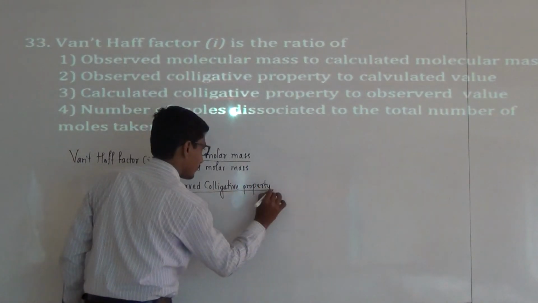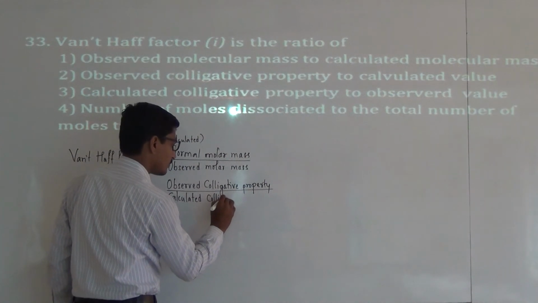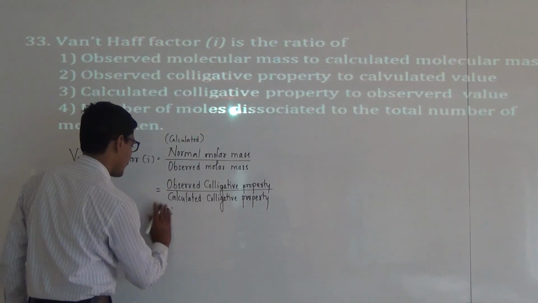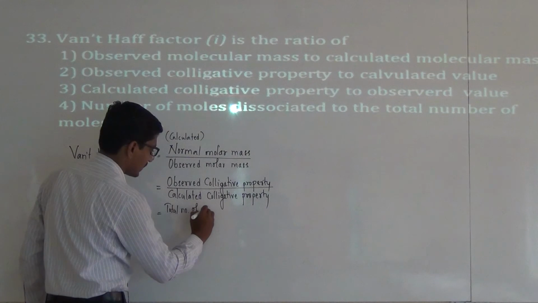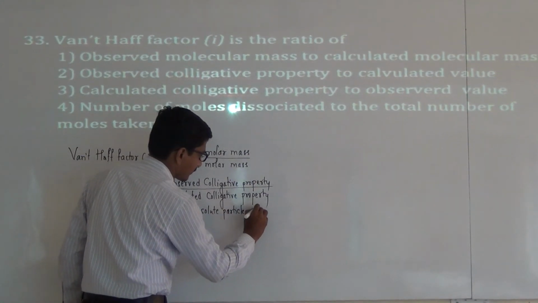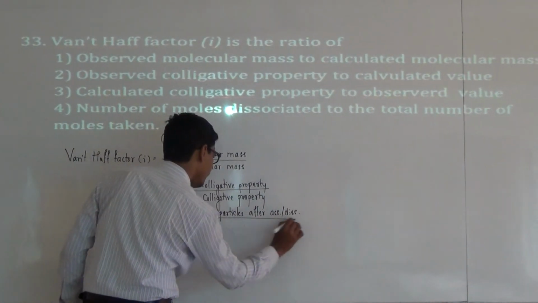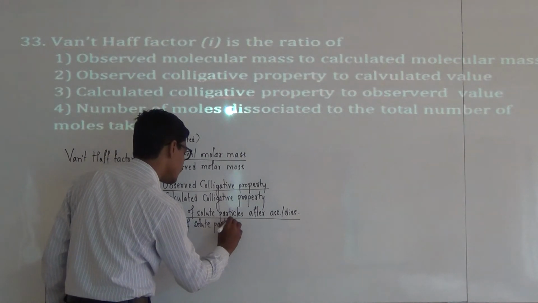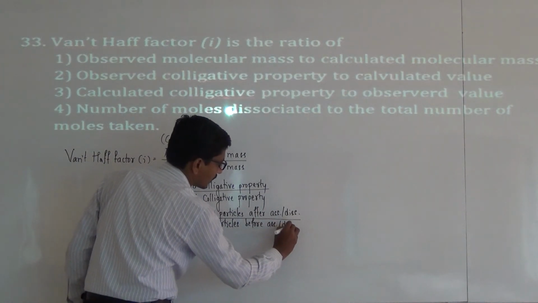to the calculated colligative property, or total number of solute particles after association or dissociation to the number of solute particles before association or dissociation.